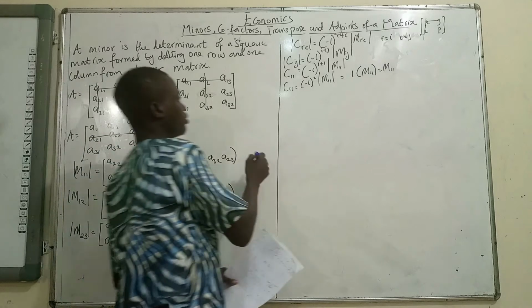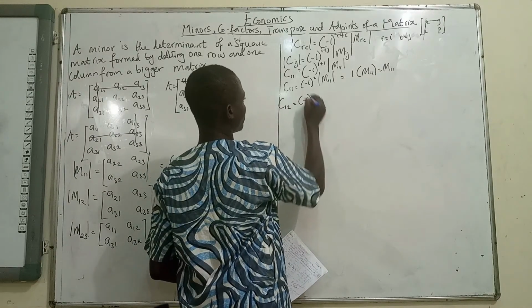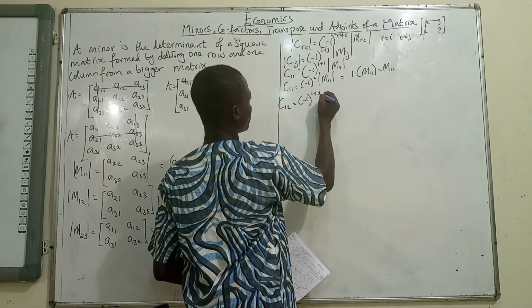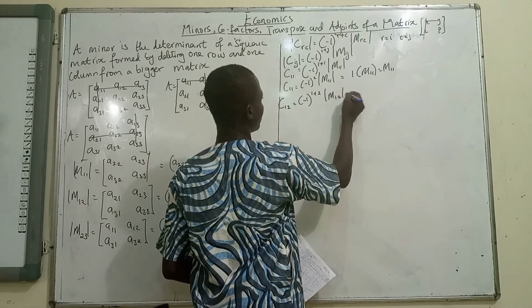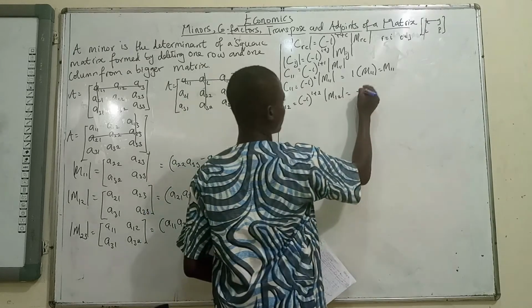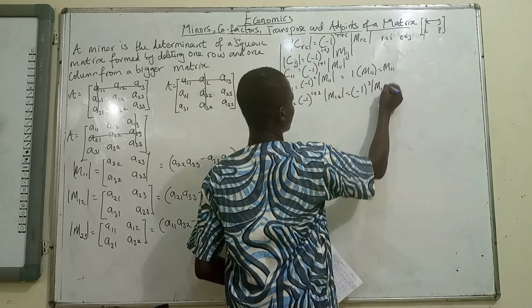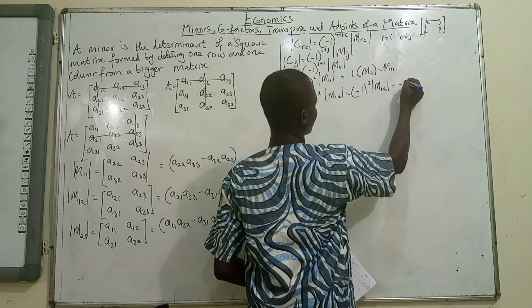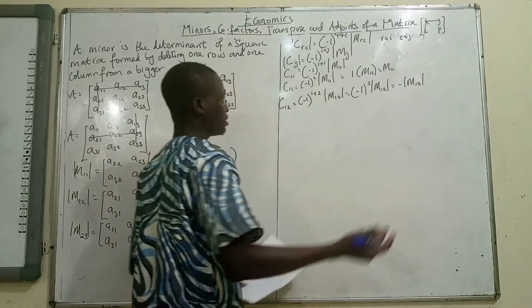So for us to get C12, C12 is going to be equal to minus 1 raised to 1 plus 2, then M12. So this is minus 1 raised to power 3, then M12, and that will give us minus M12. So that's just how to do it.